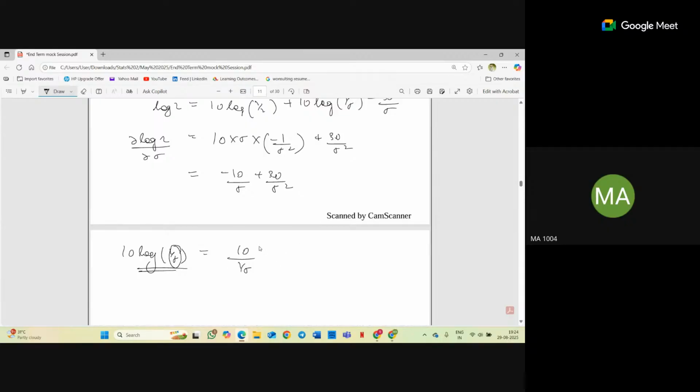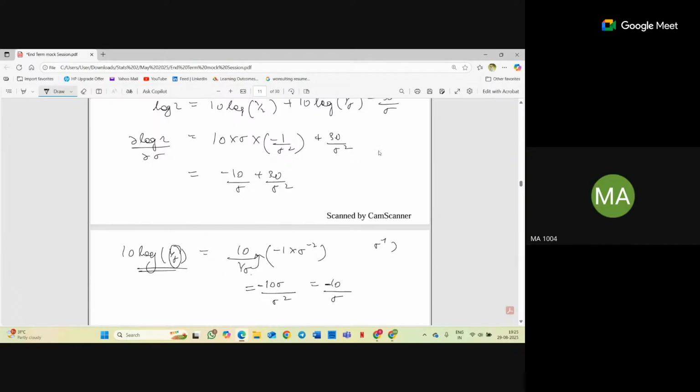I can write 1 by sigma as sigma to the power minus 1, which can be differentiated as minus 1 into sigma to the power minus 2. So sigma will come to the numerator, and this will be 10 into sigma divided by sigma square, so this will be 10 by sigma. Yes or no?